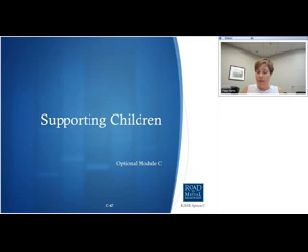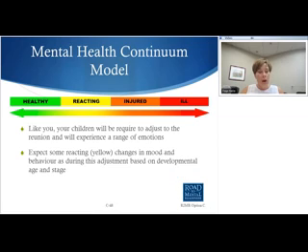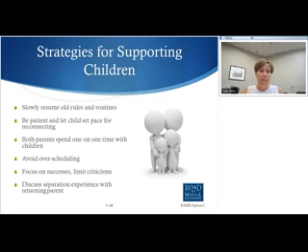Obviously, it has the same focus on supporting dependent children through the reintegration process, and we start again with an introduction, then we talk about normalizing the adjustment, just like we did with the Phase 3 package, and asking parents what do they do to cope, what kind of strategies have been useful for them in the past, following up with some concrete strategies that will help support children during this phase, just like in the Phase 3 package, only tweaked to the strategies that are required now for reintegration.